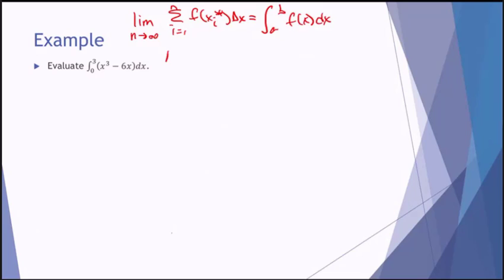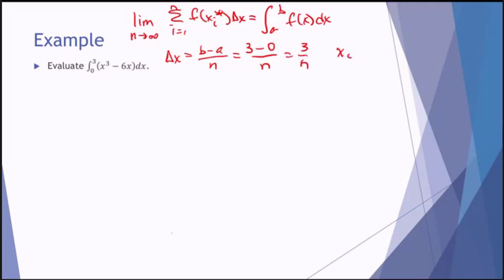So our delta x is going to be b minus a divided by n. For this particular question, b is the right endpoint, that's 3. a is the left endpoint, that's 0. The number of rectangles stays undefined at n, where n represents a finite number. So that's 3 over n.